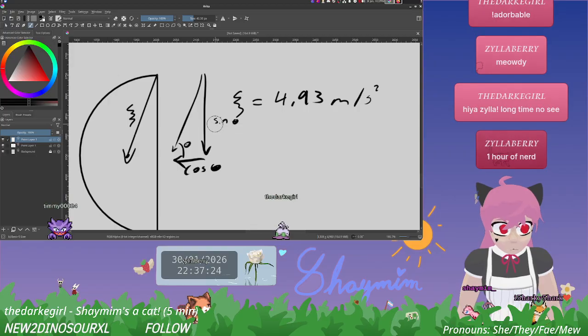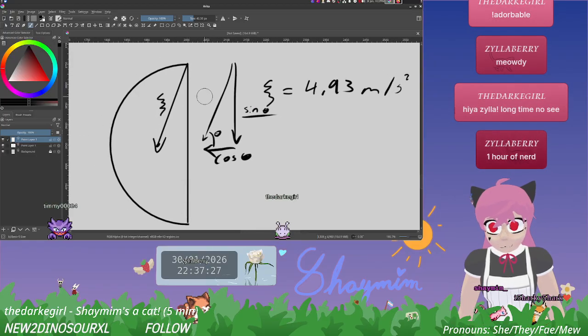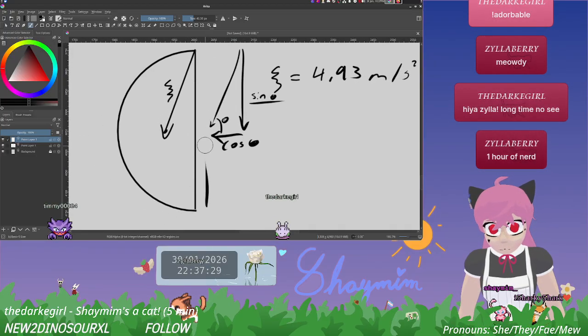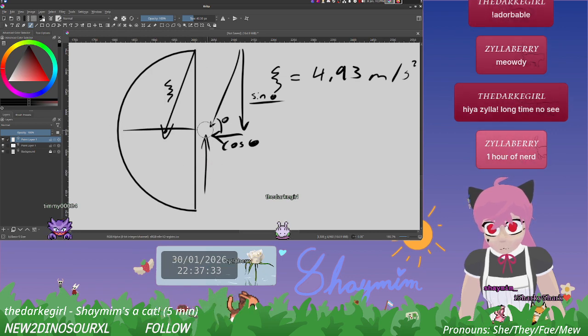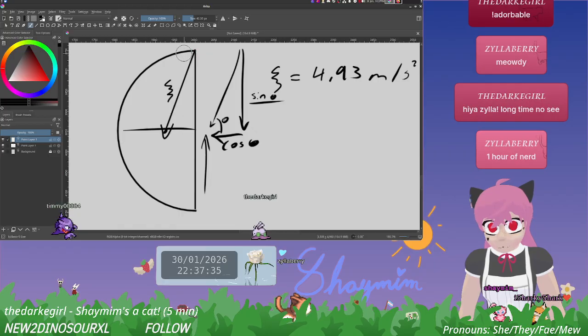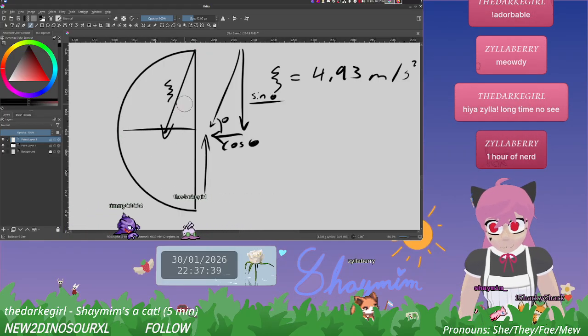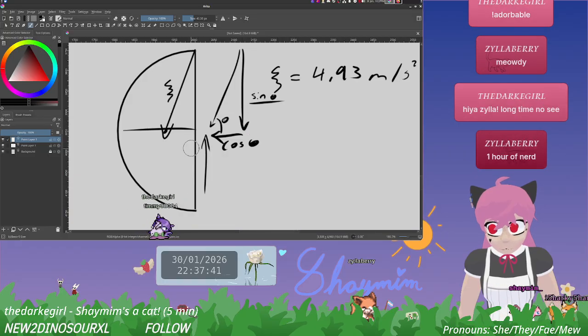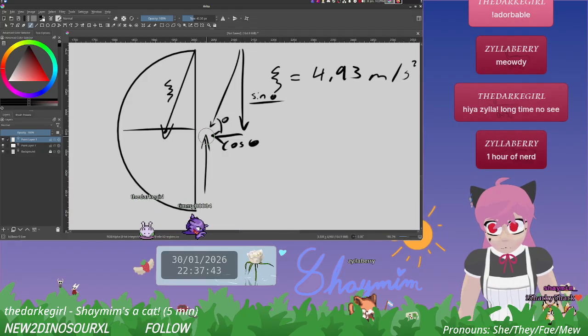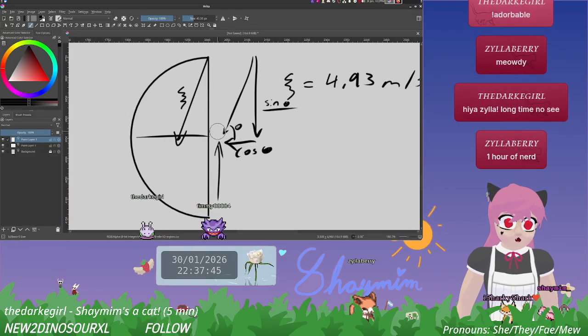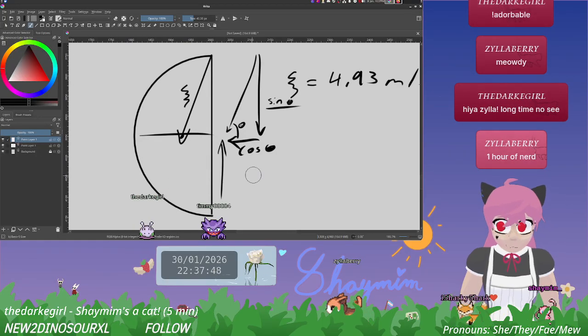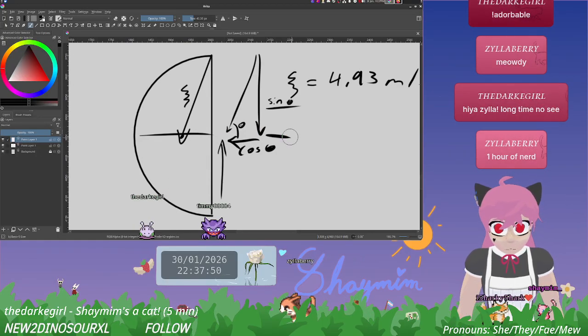Sine of theta here will always be cancelled out perfectly by whatever is below it, right? Because every point up here has a corresponding point down here that cancels out that verticality. And the same goes for the z direction that technically would exist, right?